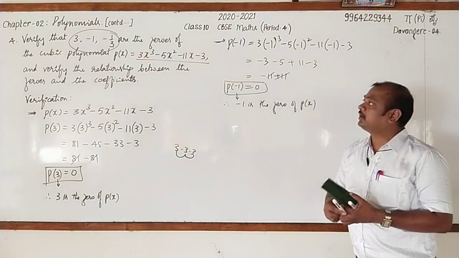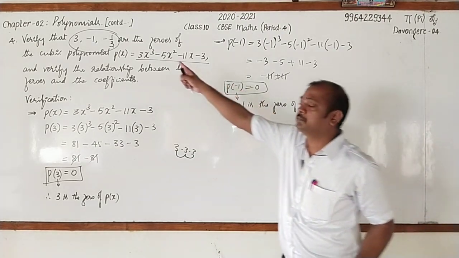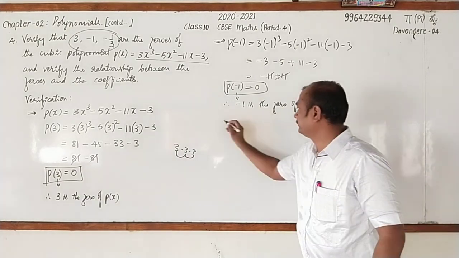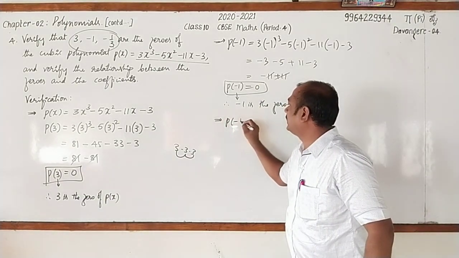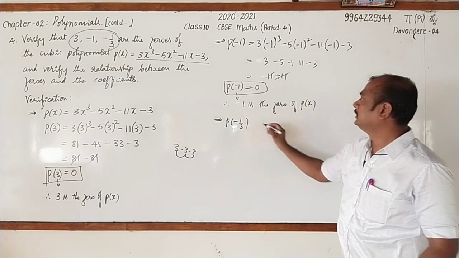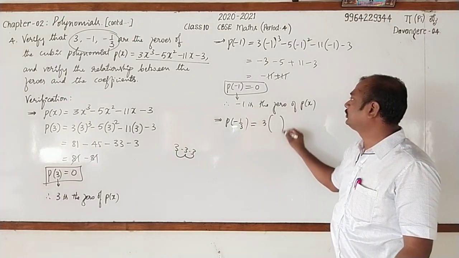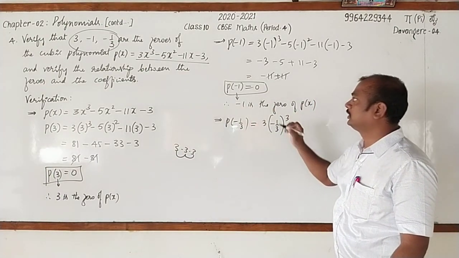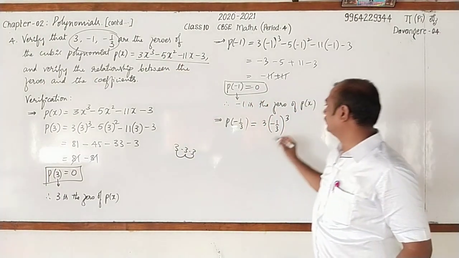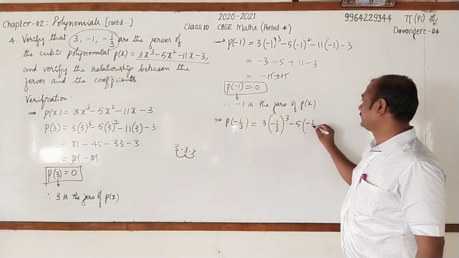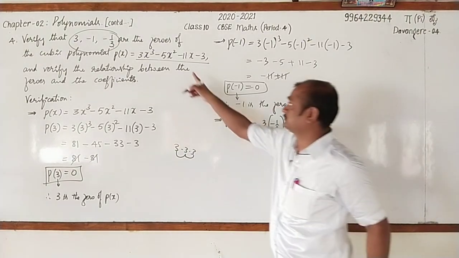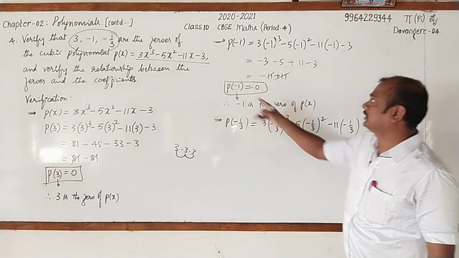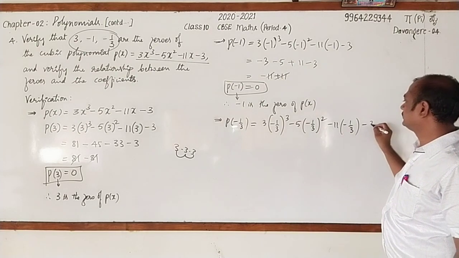Next, we have one more number, that is −1/3. Let us check whether it is zero or not. Here, P(−1/3) is equal to 3 into x cubed, x is (−1/3) cubed, minus 5 into x squared, (−1/3) squared, minus 11 into (−1/3), then minus 3.